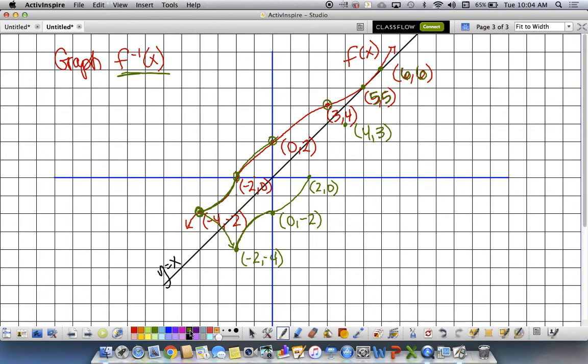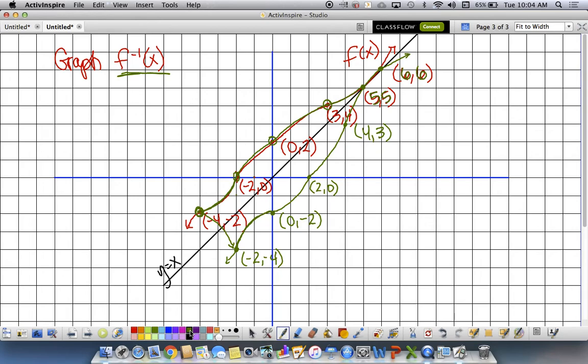From this point here, it's almost a straight line. It kind of goes out. This one curves in towards it, so I'll curve in towards it. This one is barely above, but then it's going to go this way. They will be the same distance from the y equals x line.